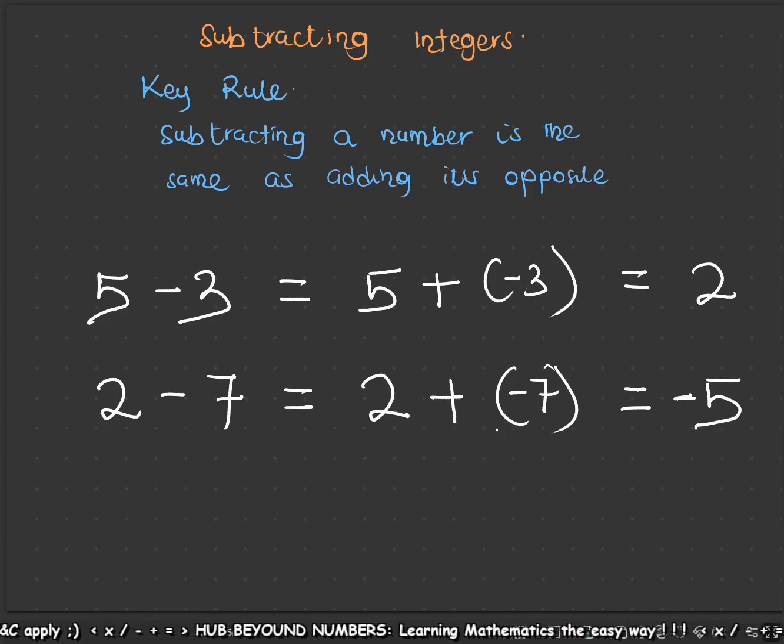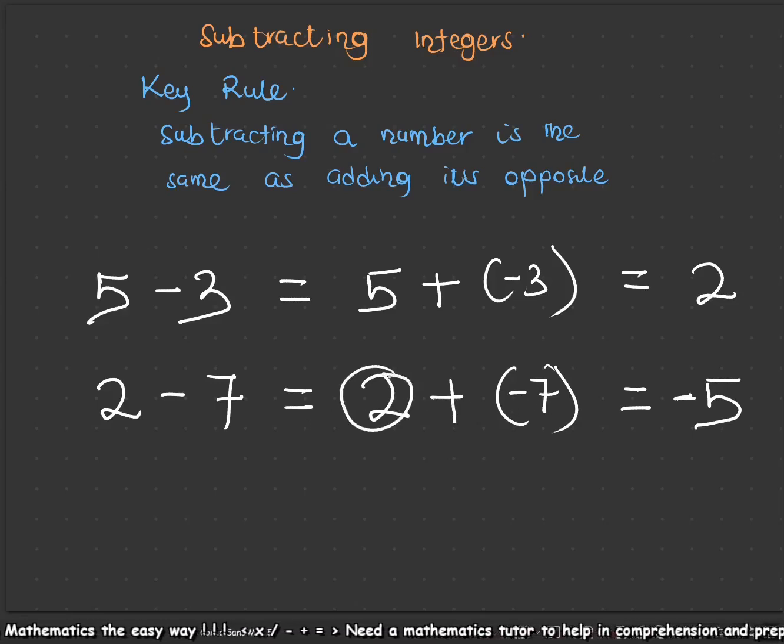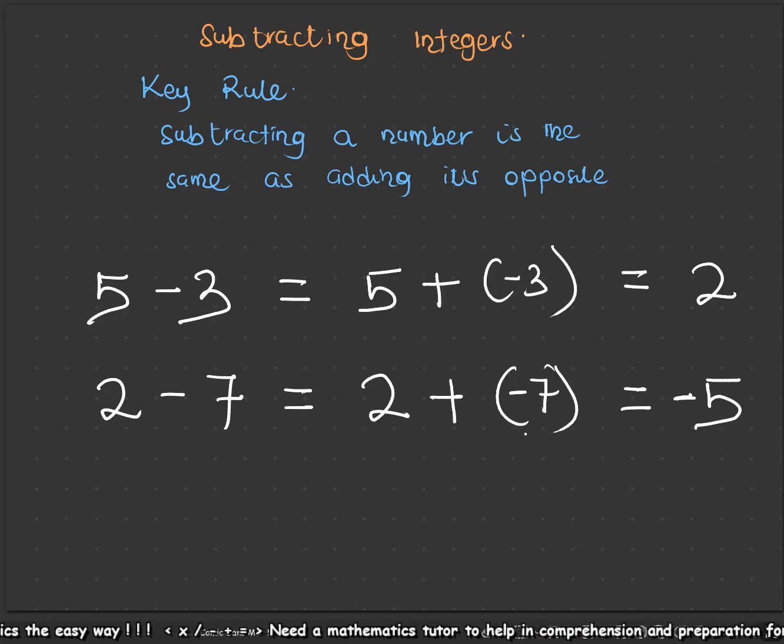Then this has now become an addition problem. So that is 2 plus negative 7. Now the rule concerning addition says if you are adding and the signs are different, let's take the smaller one from the bigger number. So that we have 7 minus 2. 7 minus 2 gives us a 5. And then we put the negative sign attached to it.